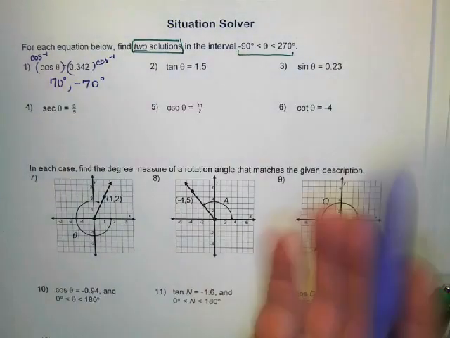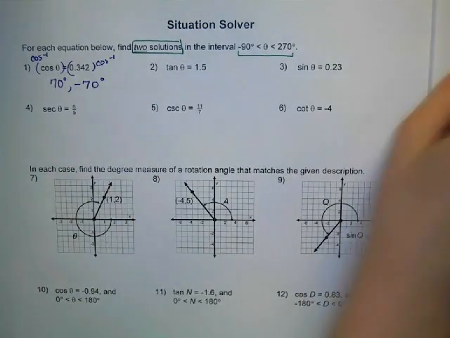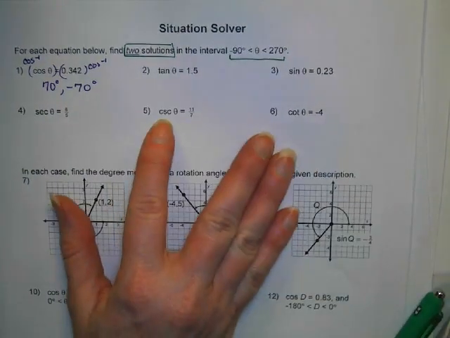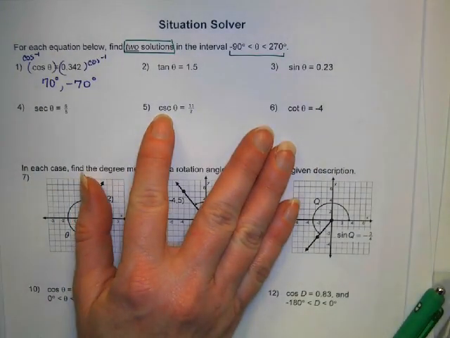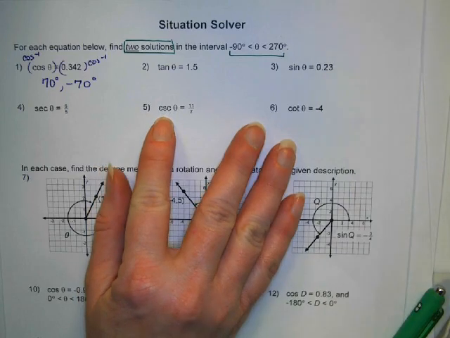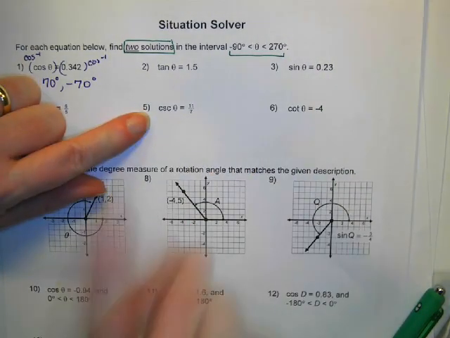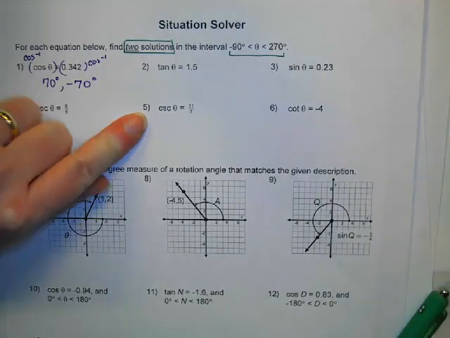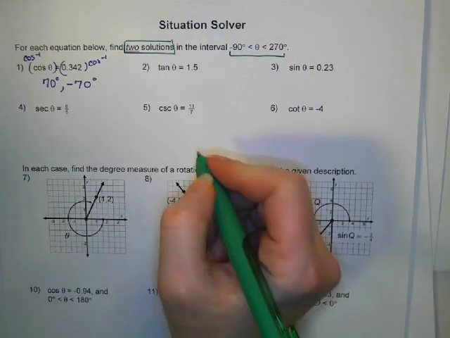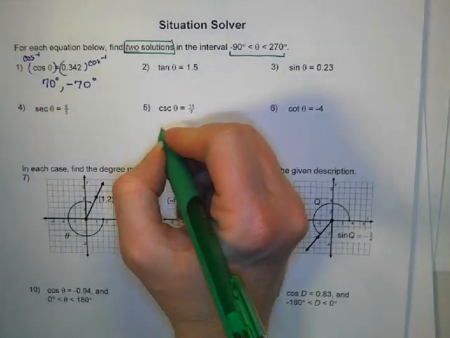But real quick, let's jump down to number 5 because it's cosecant and you don't have cosecant on your calculator. So I can't just inverse cosecant it because I don't have an inverse cosecant button. But cosecant is buddies with what? Sine. And what is their relationship?